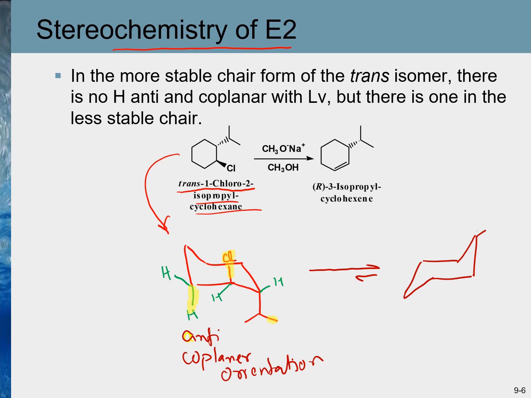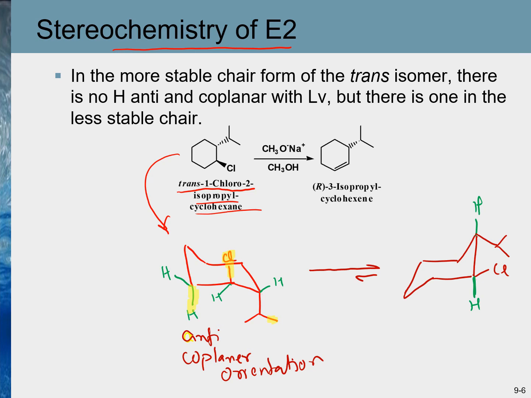In this more stable conformation, hydrogen will occupy the axial and the isopropyl group is at equatorial position, and now the chloro will be at equatorial and hydrogen will be at axial.